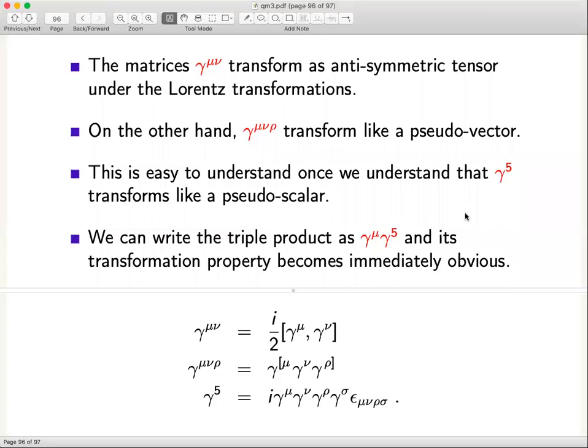We are trying to show how it transforms, given the fact that gamma mu transforms like a vector. Once that is used, you can derive all these results from there. Even if you use that as the definition for the transformation of gamma mu, the rest are all derivable from there. So you don't have to postulate it.